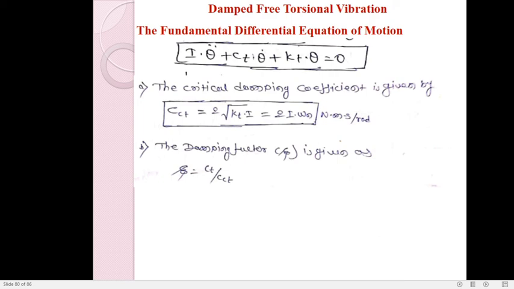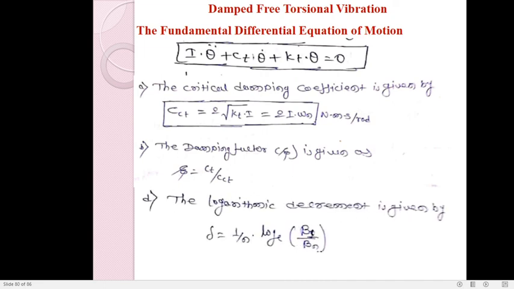The damping factor in such a case is given as xi is equal to Ct upon CCT, where Ct is the torsional damping coefficient and CCT is the critical damping coefficient of torsional vibration.